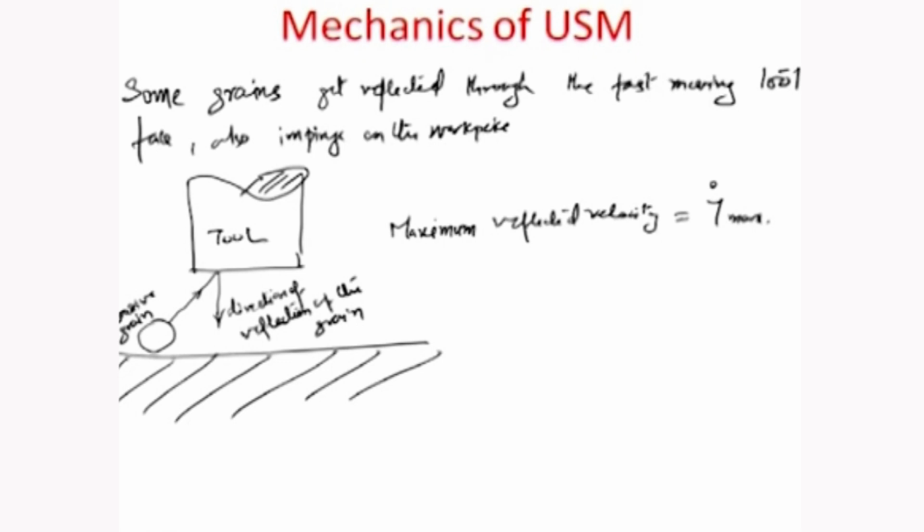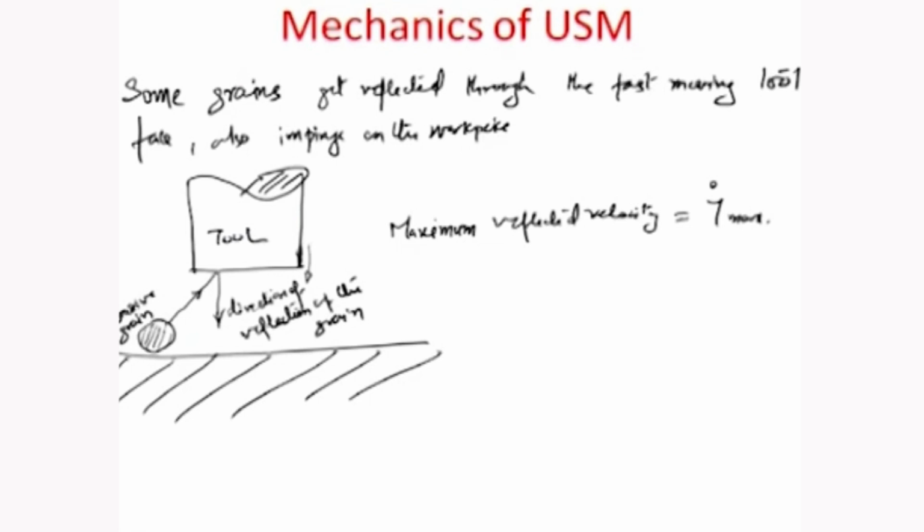maximum. So as we know that the grain velocity here of the abrasive grain, the initial velocity by which it is striking the tool is of hardly any significance in comparison to the overall inertial component of the tool, because the tool first of all is very, very heavy, and number two is it is also vibrating at a certain velocity at ultrasonic frequency, meaning thereby that its velocity is also very, very high, okay.